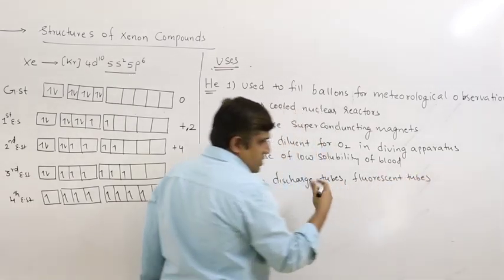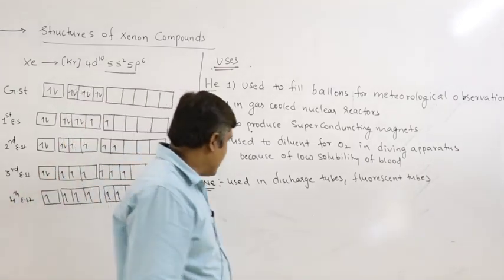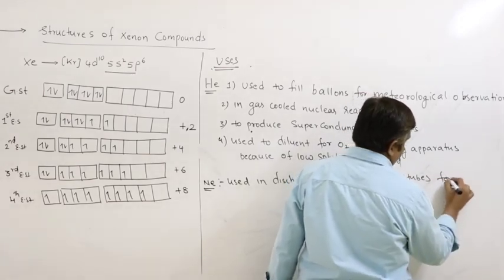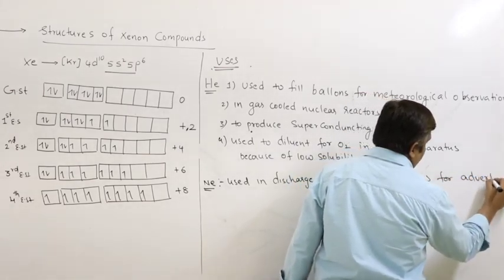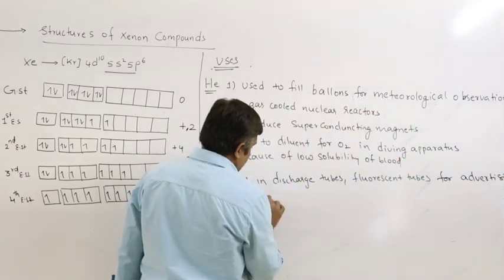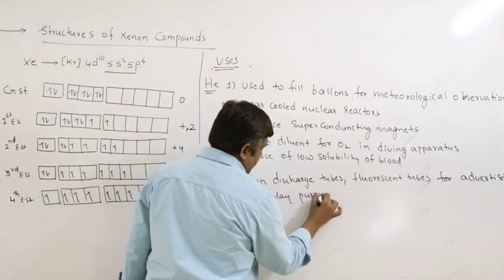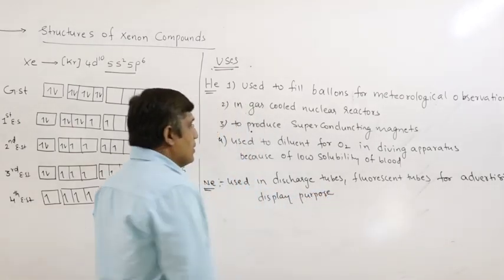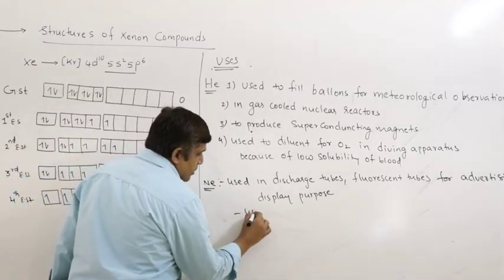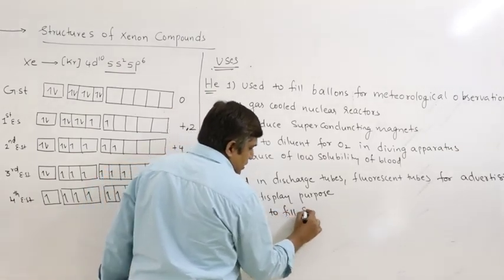These fluorescent tubes are used for advertising displays. Sometimes they are used to fill electric bulbs. All neon gases are used to fill electric bulbs generally.